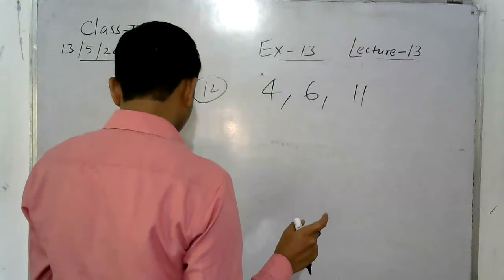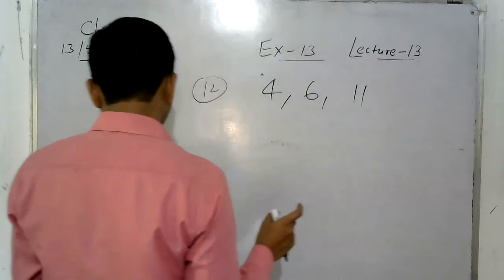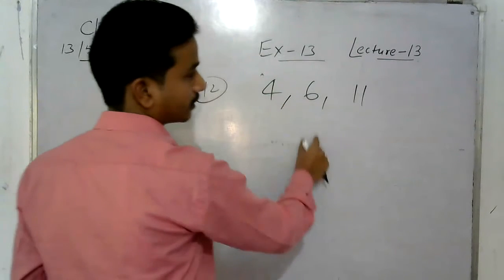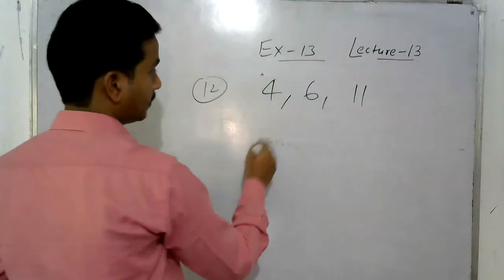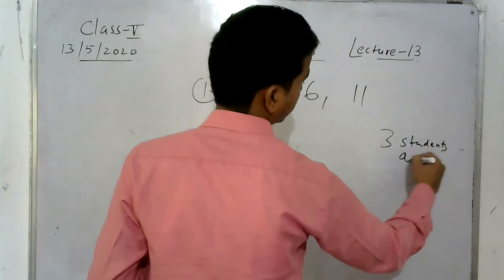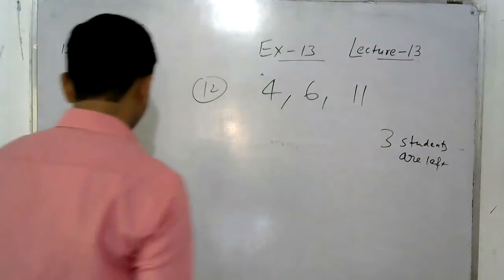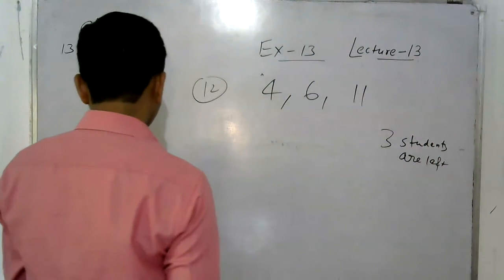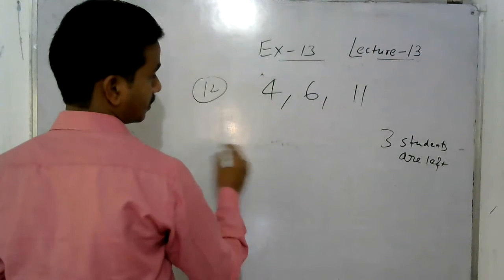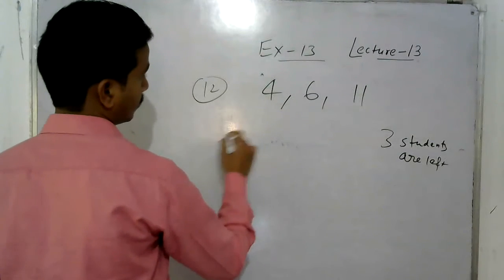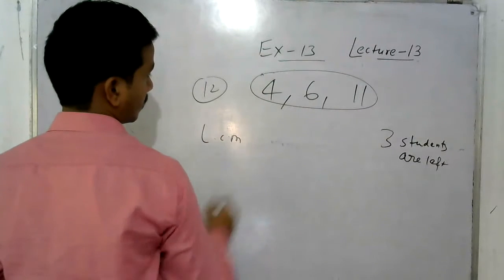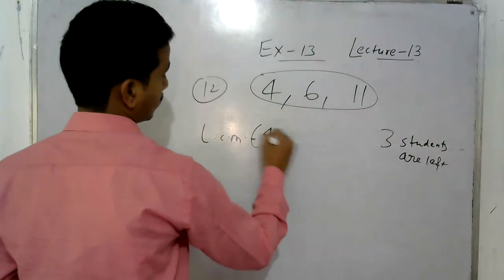In every case, 3 students are left. We are asked to find the smallest possible number of students in the class. So the smallest possible number of students in the class will be equal to, first of all, the LCM of 4, 6 and 11.